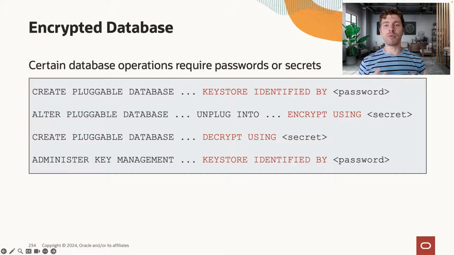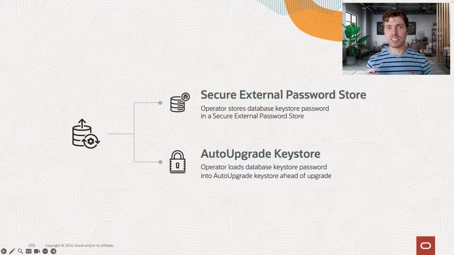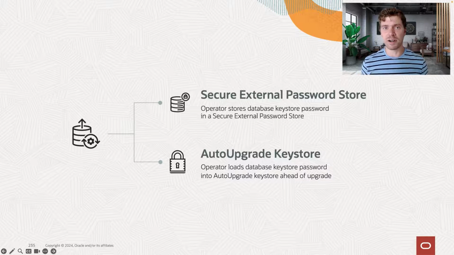So in AutoUpgrade, before running it, you have two options to transparently handle TDE. One of the options is to store your keys using the secure external password store in both your source and target databases. So if you use this option, you don't need to provide anything to AutoUpgrade.